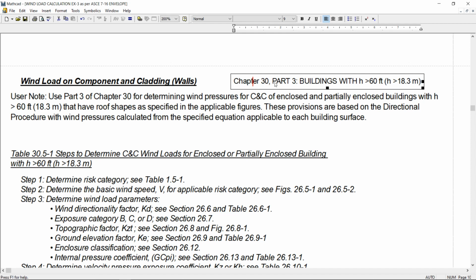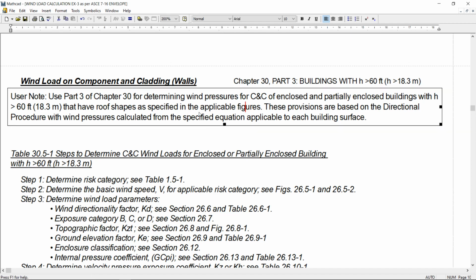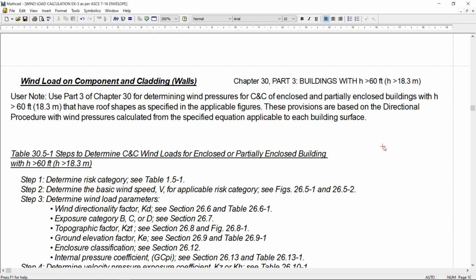So this part 3 is applicable for this case, as it is mentioned in part 3 that use part 3 of chapter 30 for determining the wind pressure for component and cladding of enclosed and partially enclosed buildings with H greater than 60 feet or 18.3 meter that have roof shapes as is specified in the applicable figures. These provisions are based on the directional pressure with wind pressure calculated from the specified equation applicable to each building surface. So that portion was done.